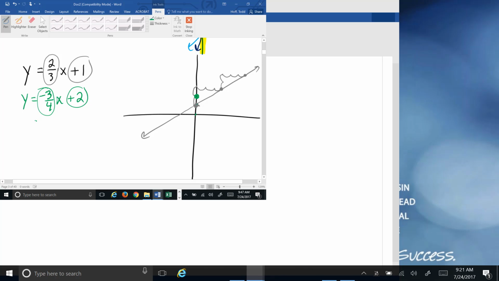The run is always going left to right. It's the rise that is either up or down. So since that's negative, from our starting point, we're going to go down 3 and over 1, 2, 3, 4. There's our line.